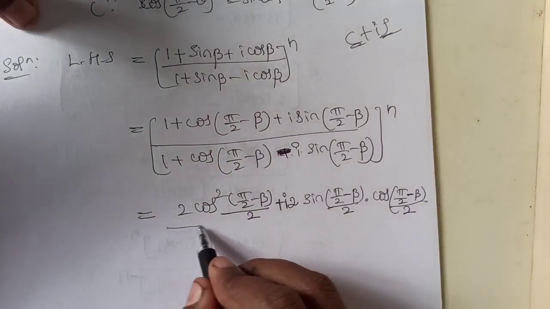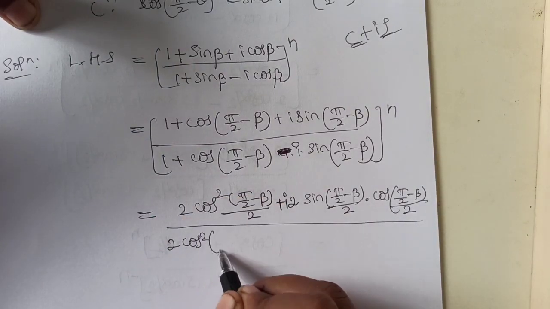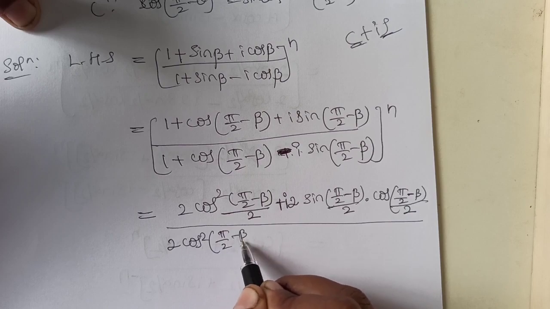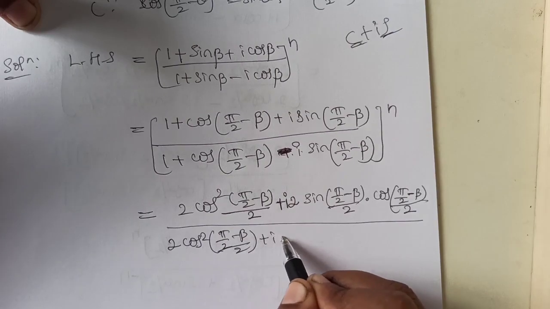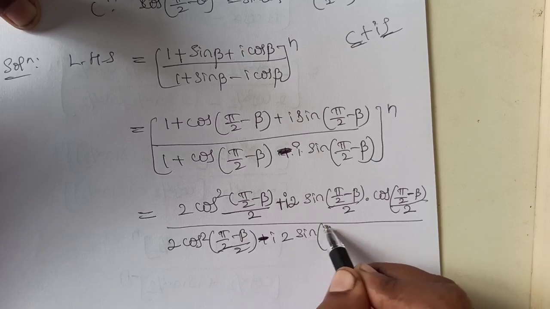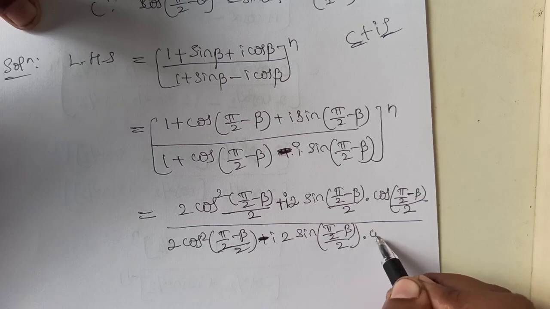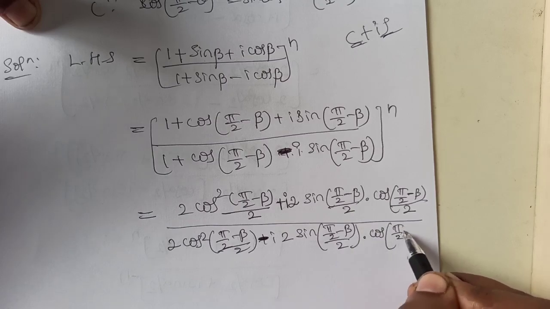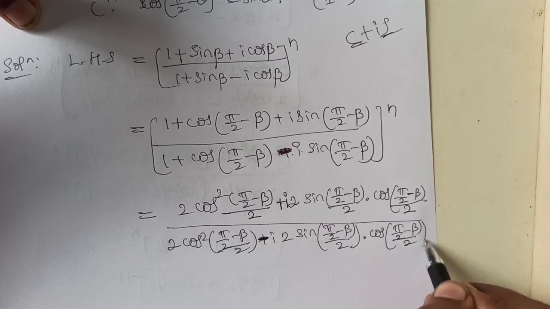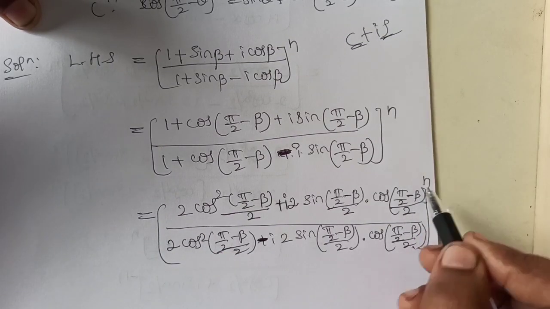The denominator is also the same: 2 cos square (pi by 2 minus beta) divided by 2 minus i 2 sin (pi by 2 minus beta) divided by 2 into cos (pi by 2 minus beta) divided by 2. The whole power n is as it is.